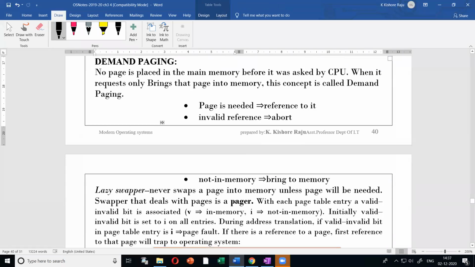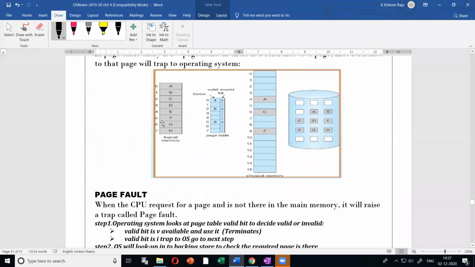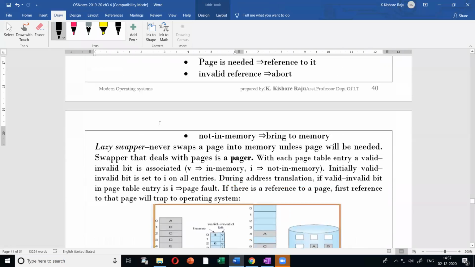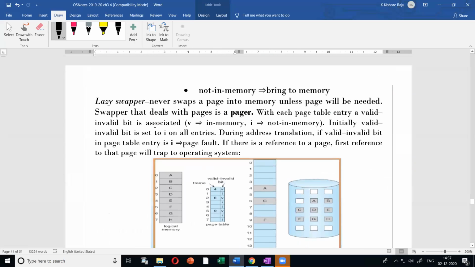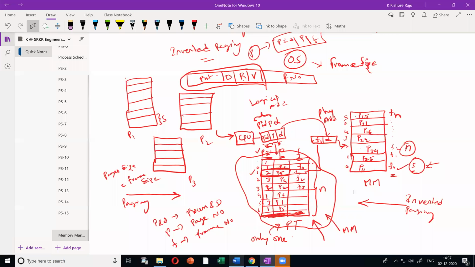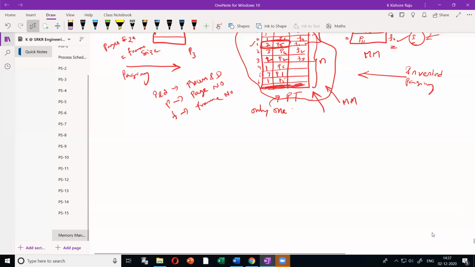Is it clear? So now, demand paging. Shall I go for the next concept? Is inverted paging clear? If you have any doubt, you can ask me.